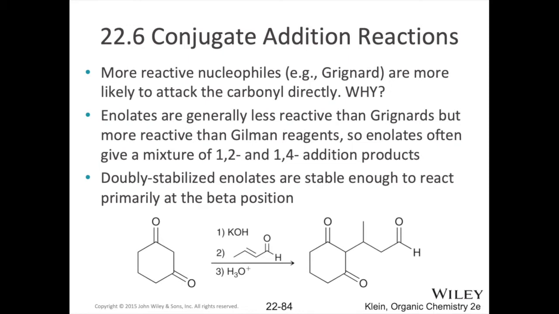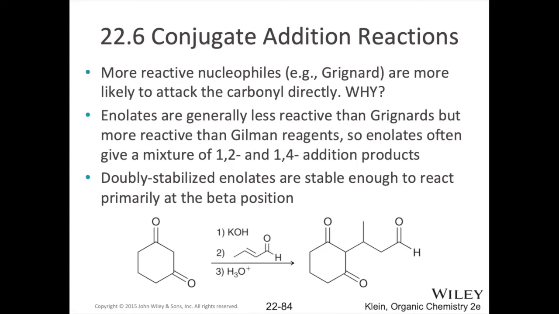Now, in terms of our reactivity scale, enolates are in between Grignards and Gilman. So you actually get a mixture of the 1,2 and 1,4 addition products. Okay, so while Grignards typically give you the 1,2 addition, Gilman give you the 1,4. Enolates will give you a mixture. Okay, so probably not as synthetically useful, right? You're going to get a lower yield of whichever one of those two products you want.